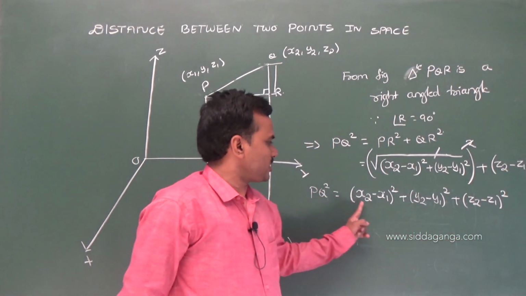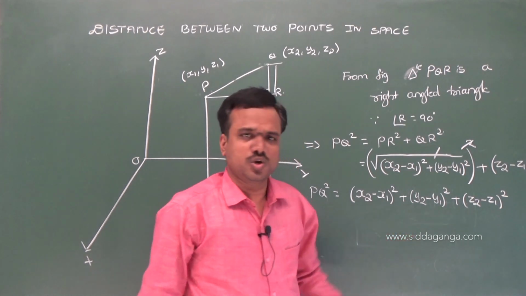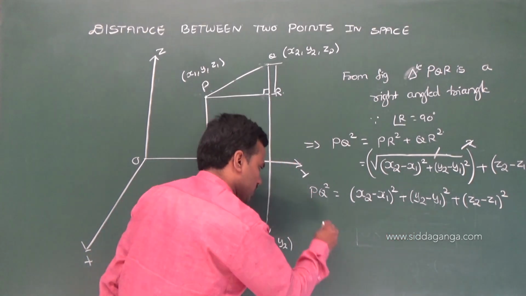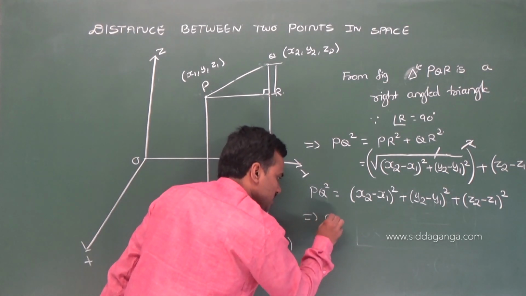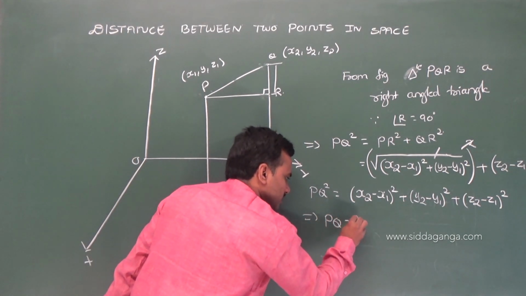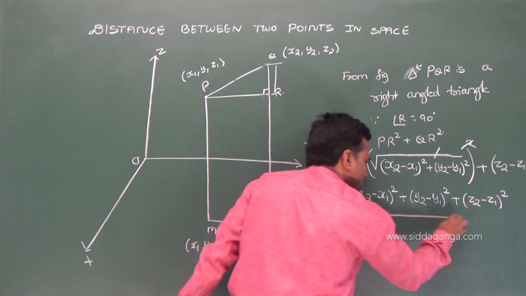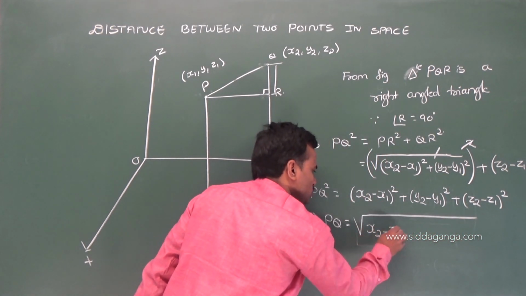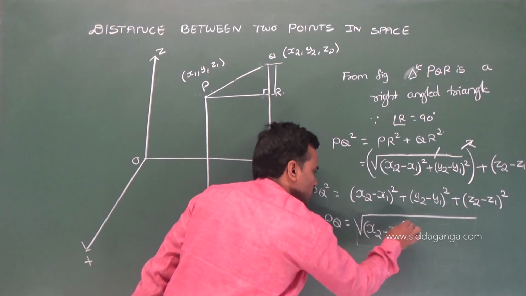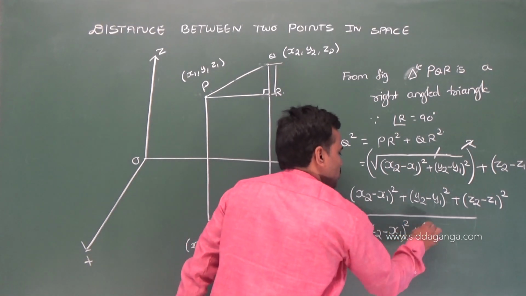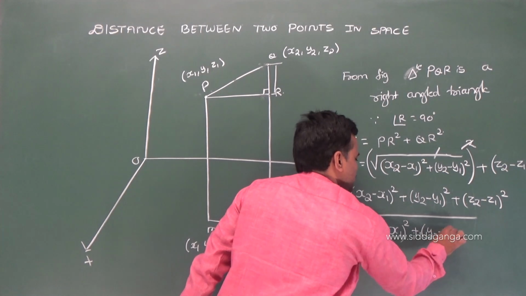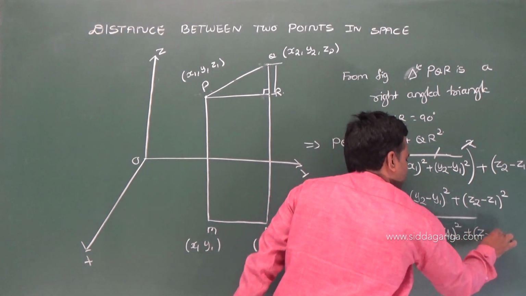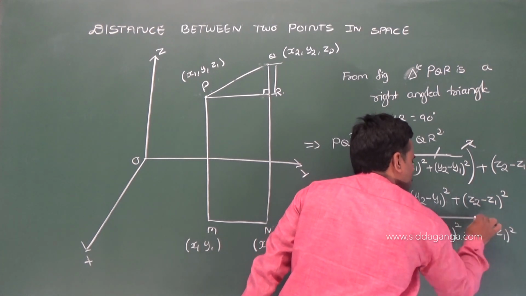That implies PQ is nothing but the square root of X2 minus X1 whole square plus Y2 minus Y1 whole square plus Z2 minus Z1 whole square.